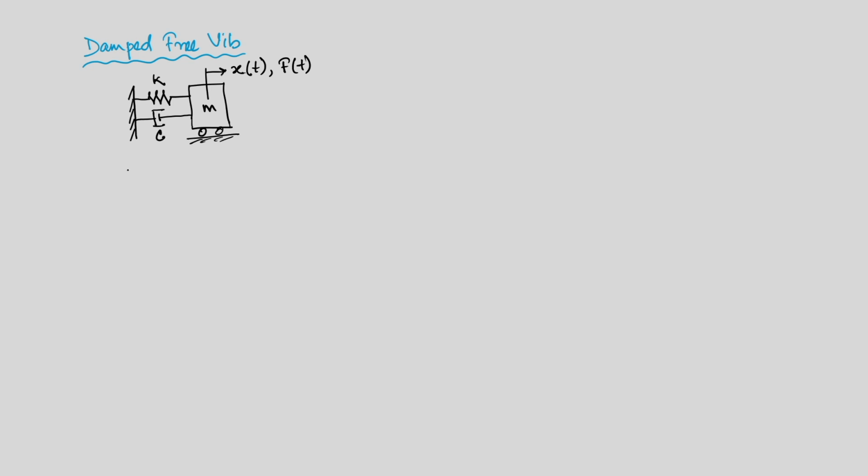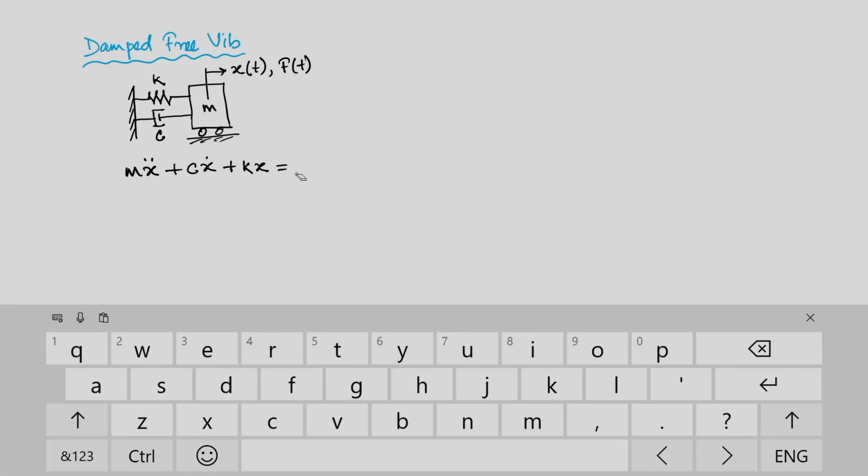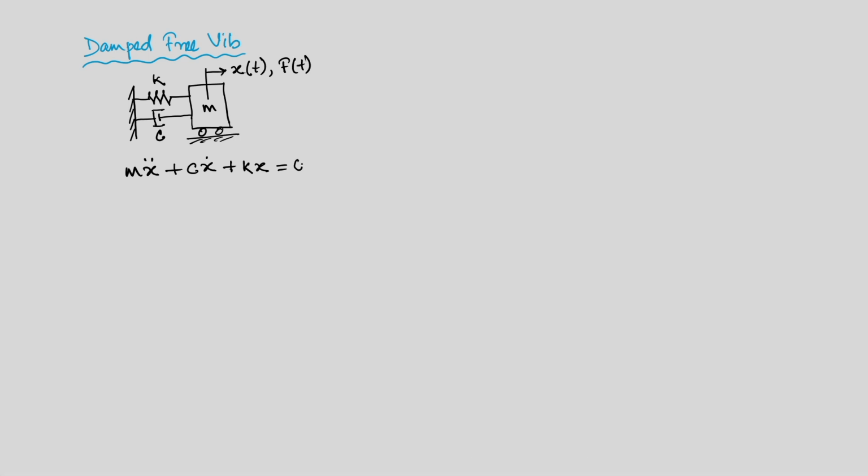So the equation we derived earlier, m x double dot plus c x dot plus kx is equal to f, but because we are about to solve the homogeneous part, the right hand side will be equal to 0.